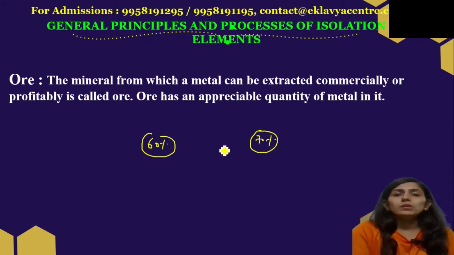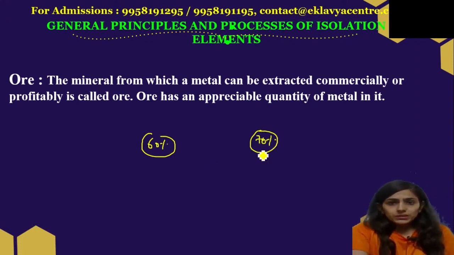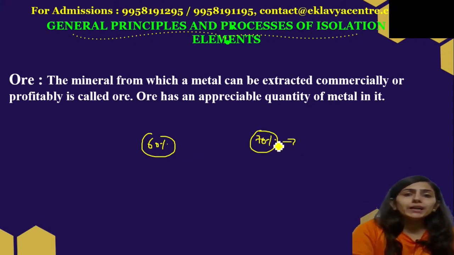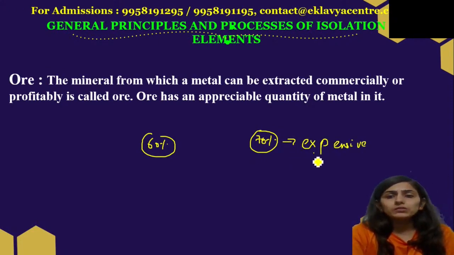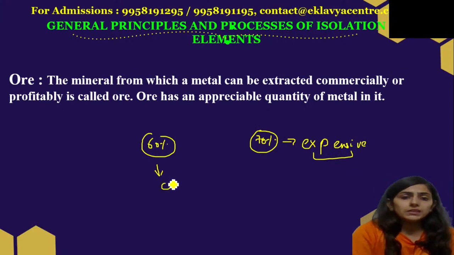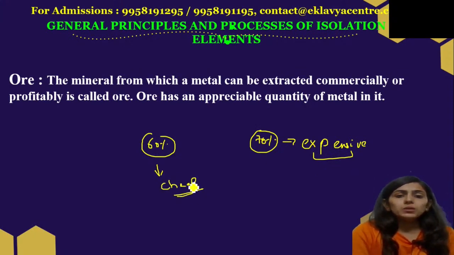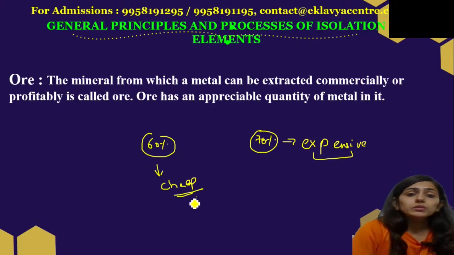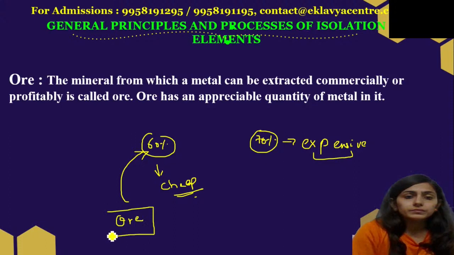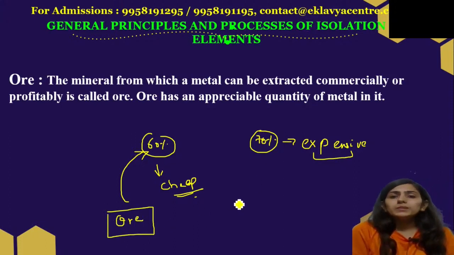Now I know that the percentage of iron is more in the 70% one, but if you try to extract the iron from it, the process of extraction will be expensive, while from the other it will be cheap. So we have to see not only the percentage but also that the metal we extract from that ore should be profitable. So this 60% one will be called the ore. I hope this is clear to you.